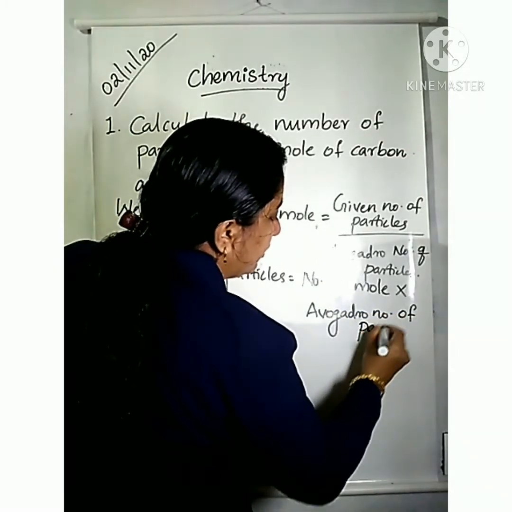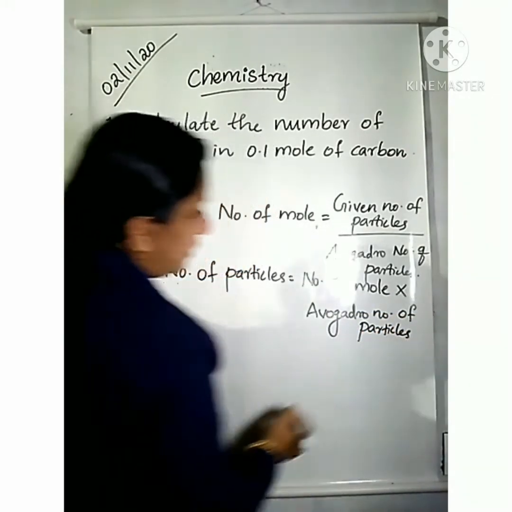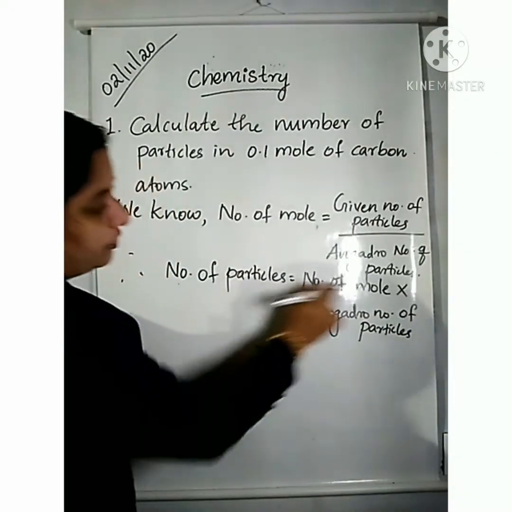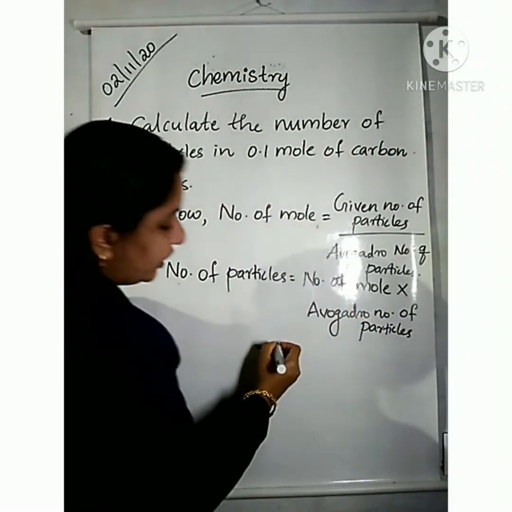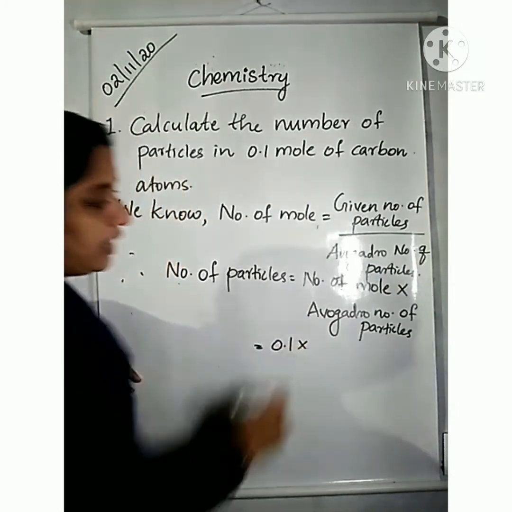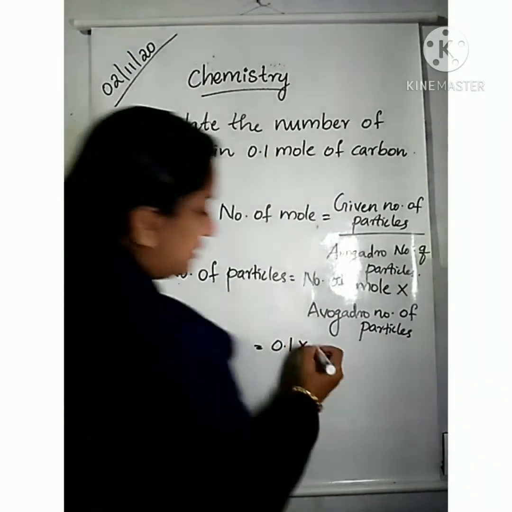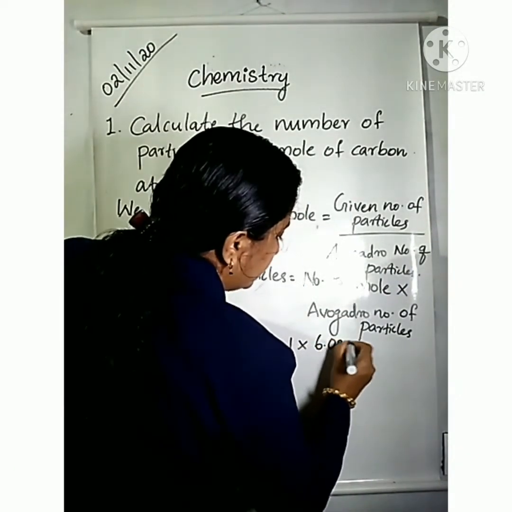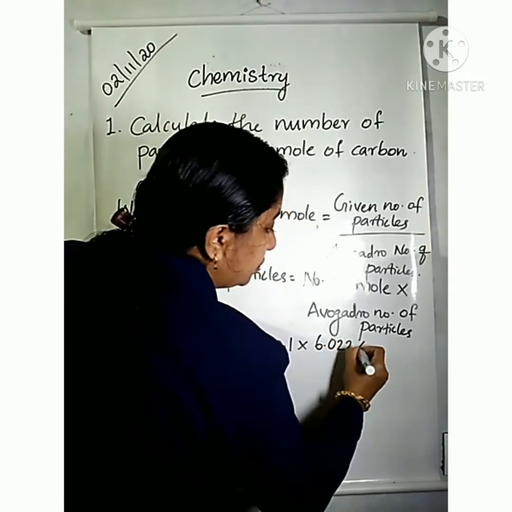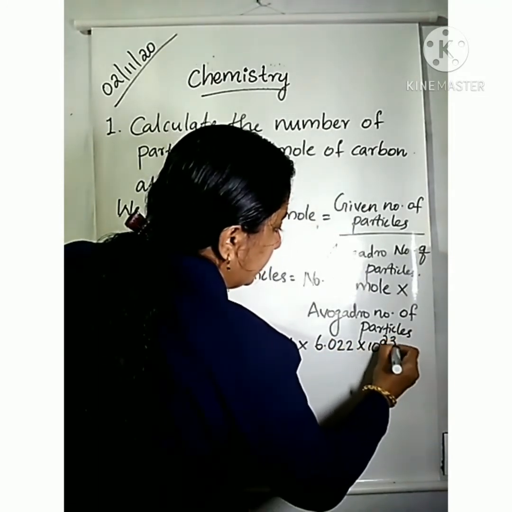So it will be number of mole, that equal to 0.1 into Avogadro number of particles, that will be 6.022 into 10 raised to 23.